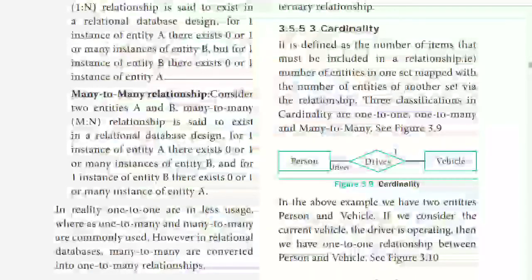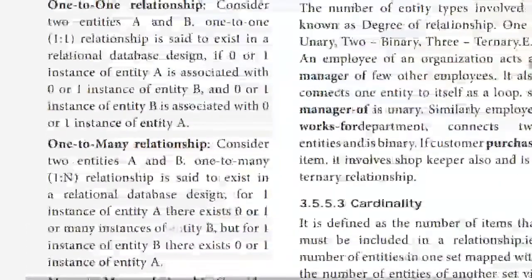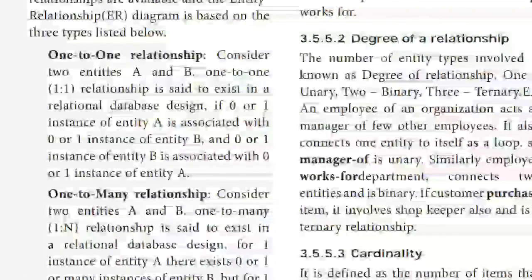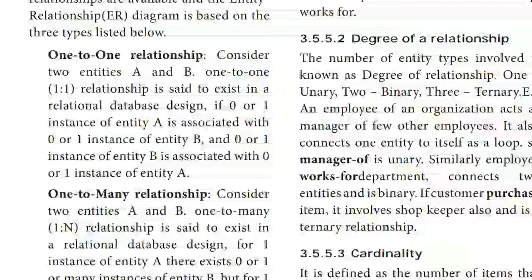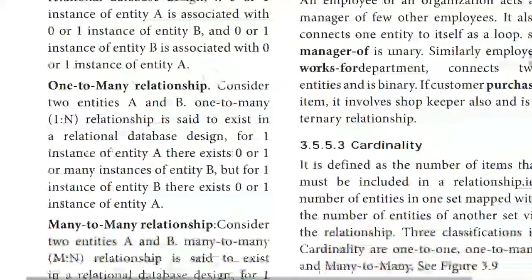If an entity is related to only one other entity, then it is known as one to one. One to many means a single entity will be connected or related to many other entities. That is one to many relationship.